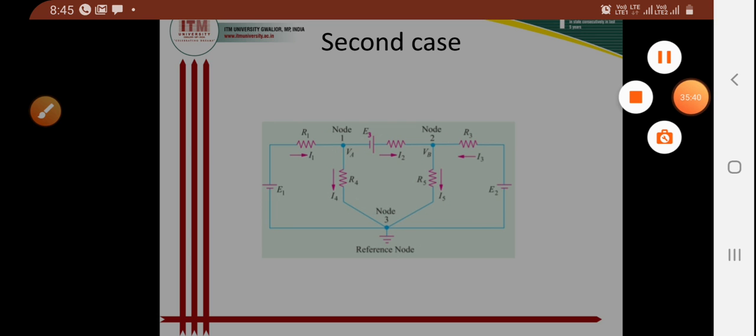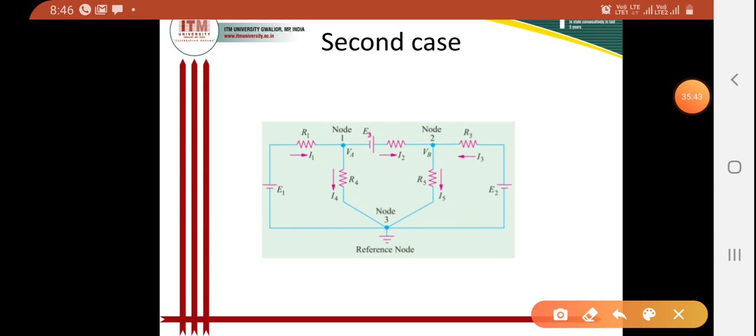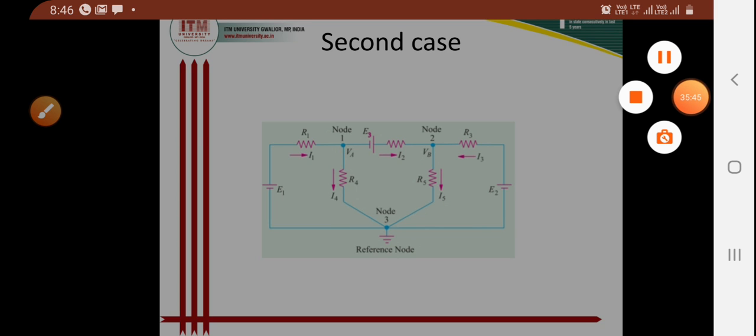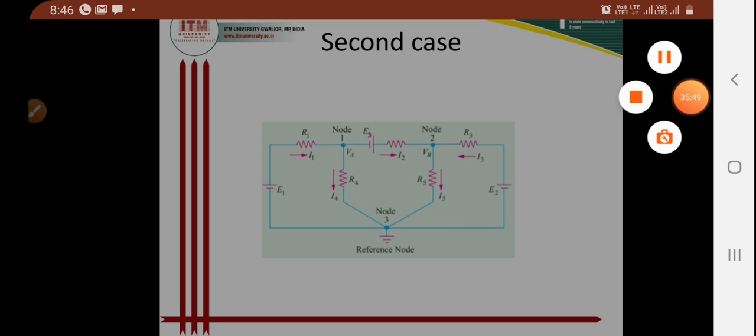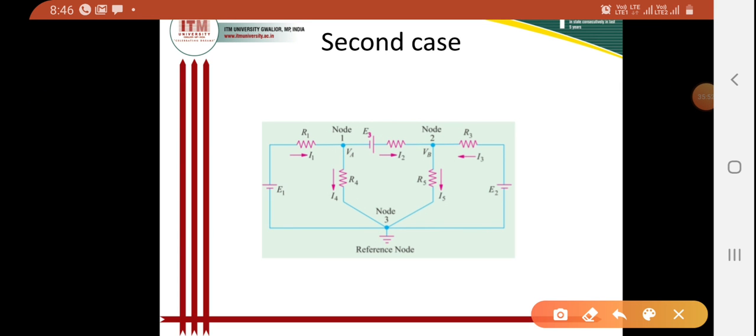Hence, according to the sign convention, E3 must be taken as positive, because I am going from the negative terminal to the positive terminal.